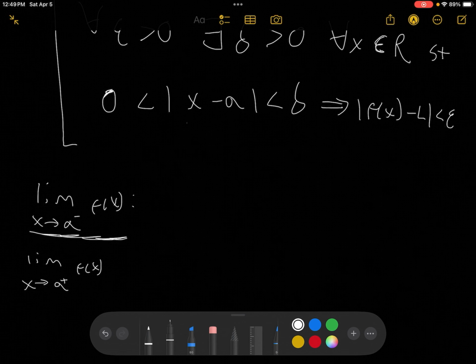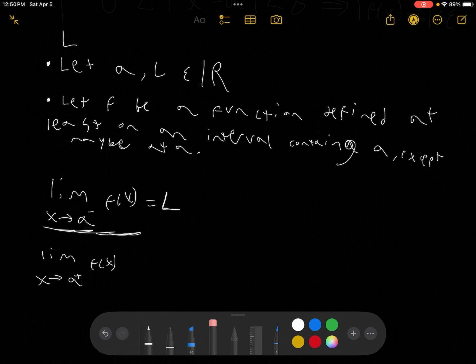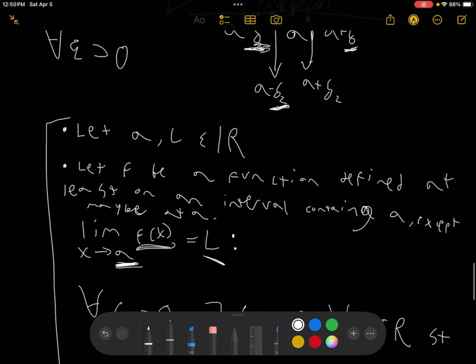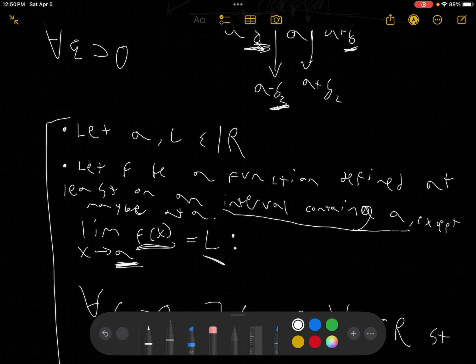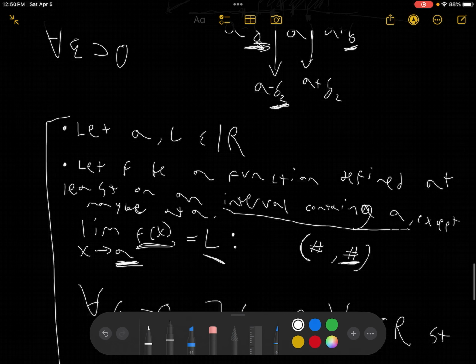So for the second definition, our assumptions are going to be mostly the same, except this time A does not have to be on the interior of our interval. Last time when we were referring to an interval containing A, what we're thinking about is some kind of open or closed interval where we have some number here and some number here, and these numbers are not A. A is somewhere in the middle here.